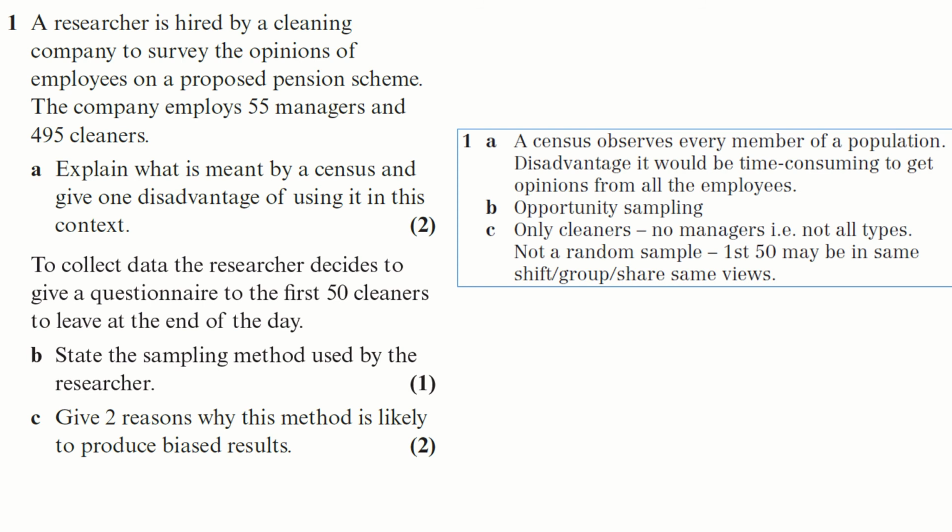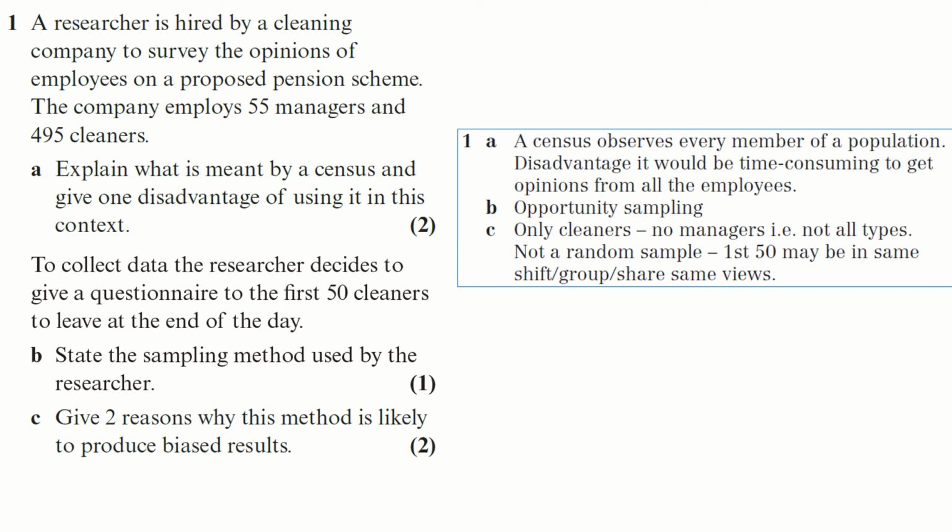So question 1, they didn't struggle with parts A, B or C, but we'll go over them briefly so we can explain part D. So we've got a researcher hired by a cleaning company to survey the opinions of a pension scheme. We've got 55 managers, 495 cleaners.